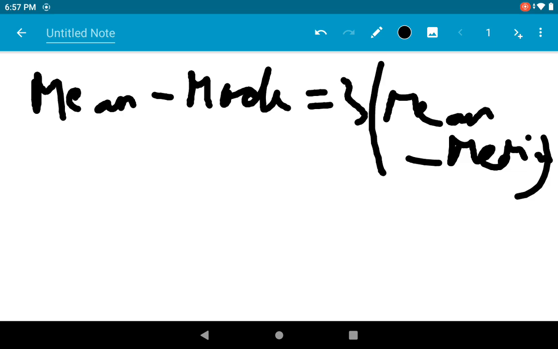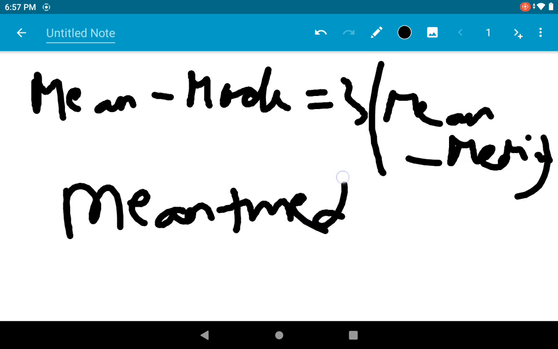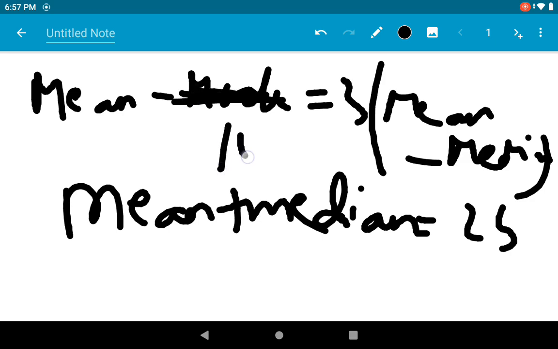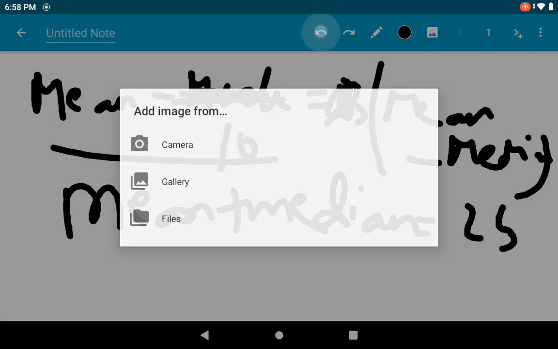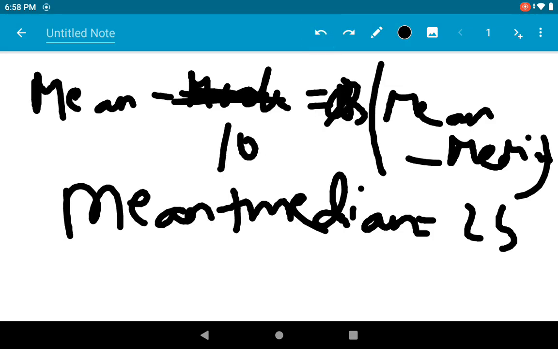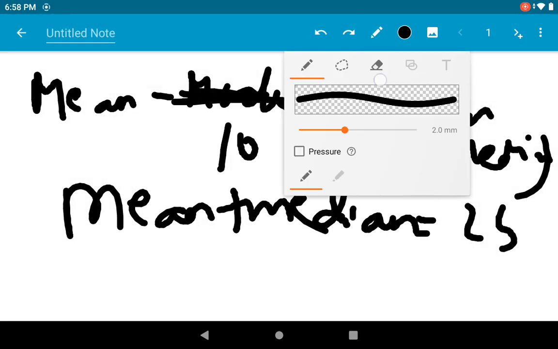They've given us the sum of the mean and median as 25, and the mode as 10, and they're asking us the value of the mean and median. So it's a very simple question. What we're going to do is send 3 to this side, so let's divide that by 3.